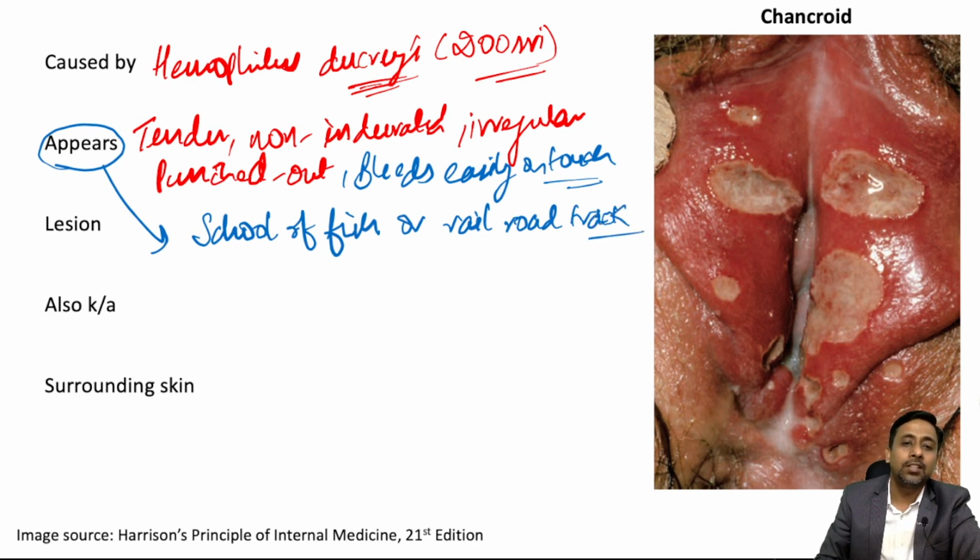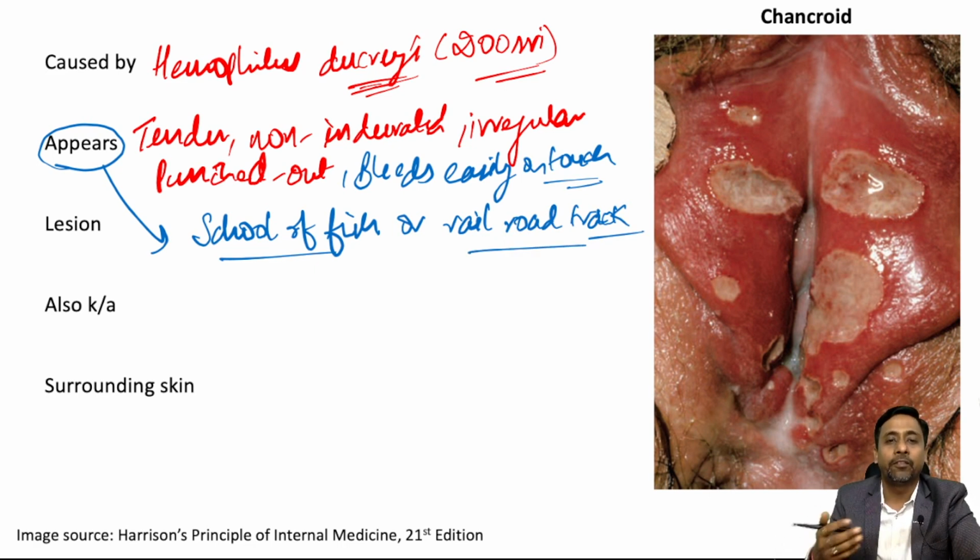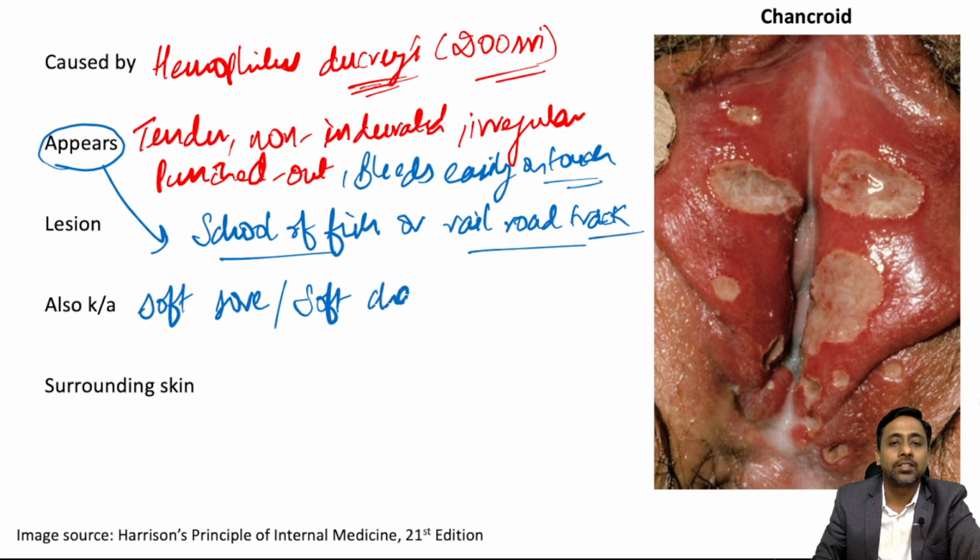So the appearance of the bacteria as they appear in groups, this appearance is referred to as school of fish appearance or railroad track appearance. And as it is non-indurated soft, so this ulcer is also known as, or this disease is also known as soft sore or soft chancre.